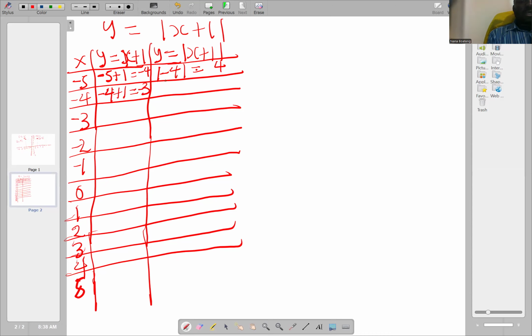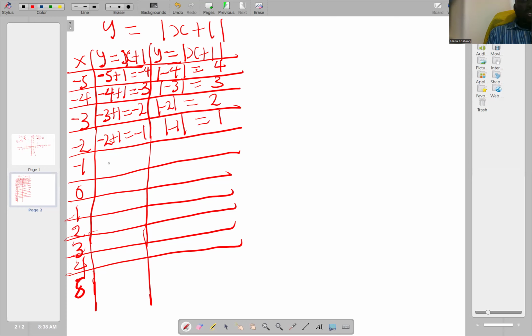And the absolute value of -3 is +3. If x is equal to -3, we have -3 + 1, which is equal to -2. The absolute value of -2 is equal to 2. And if x is equal to -2, we have -2 + 1, which is -1, and the absolute value of -1 is equal to +1.